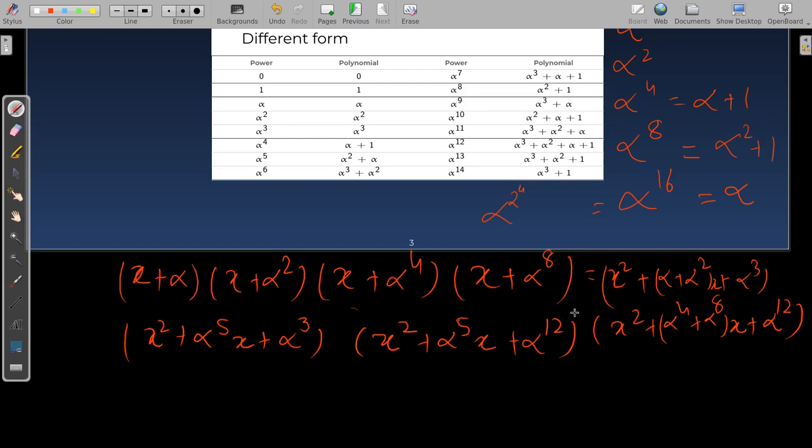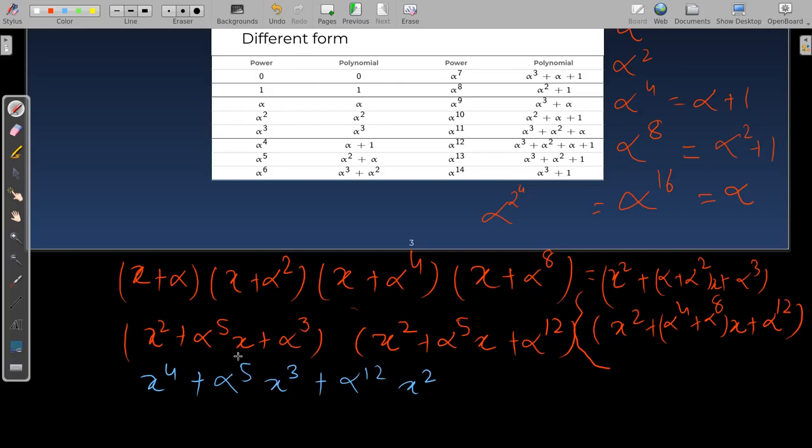So if I multiply them together, I multiply these two together, I will have x⁴ + α⁵ x³ + α¹² x².